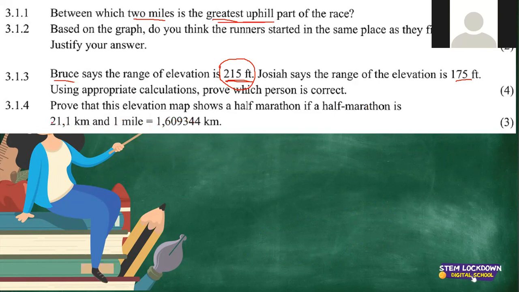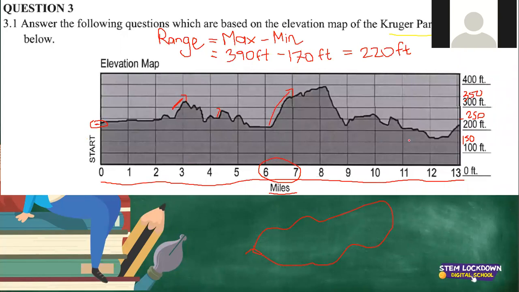So basically the same proof that this marathon is a half marathon if a half marathon is equal to 21.1 kilometers, right? Prove that this marathon is approximately 21.1 kilometers, right?